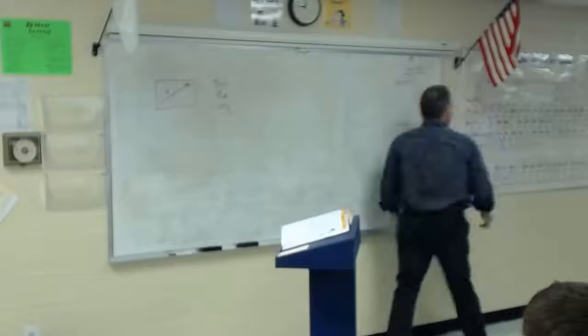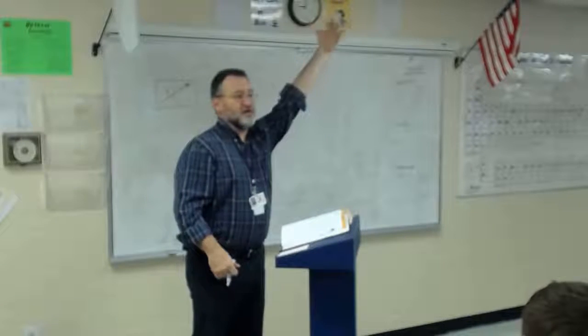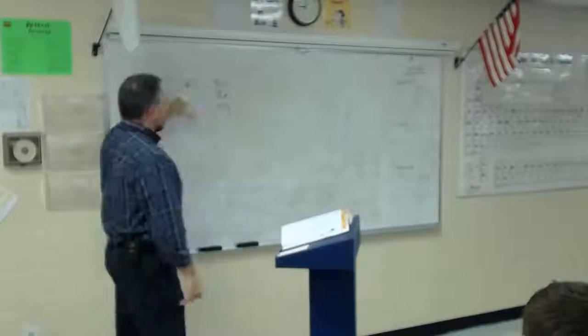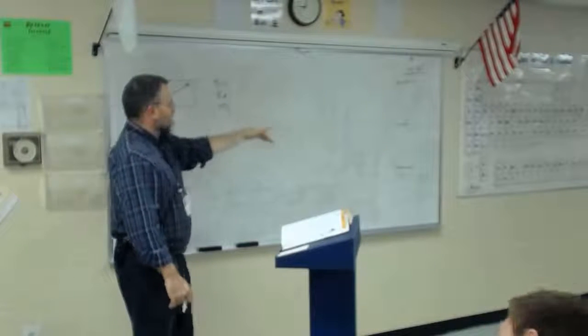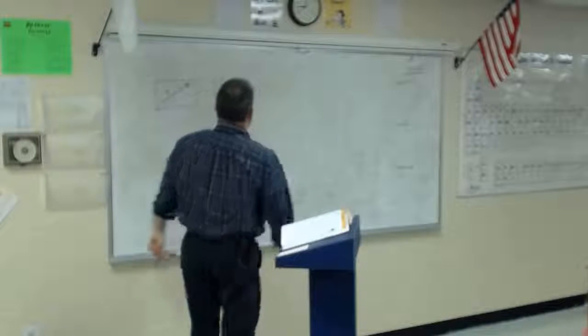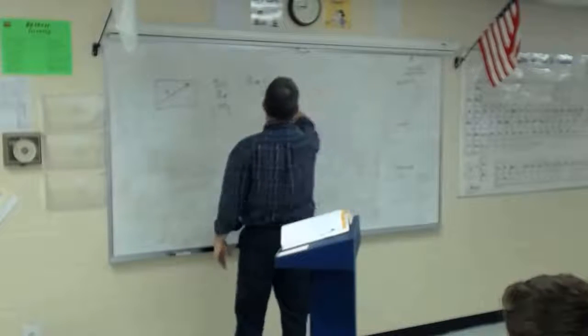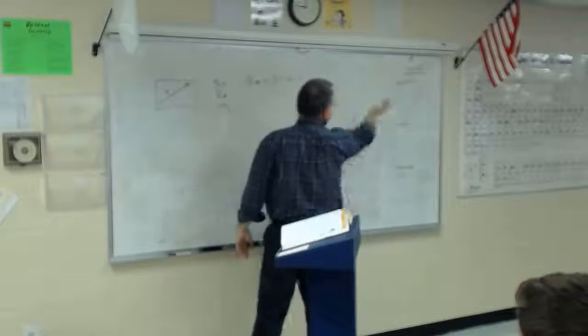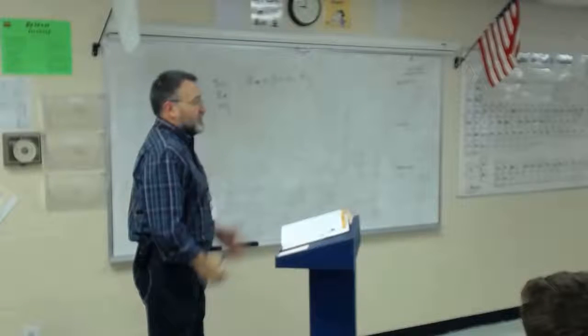So I have 3 elements all in column 2. I have to put them in order of increasing. I've already reminded myself that going up is increasing and going right is increasing. So going up as increasing, Ra is less than Sr, which is less than Mg. Done.